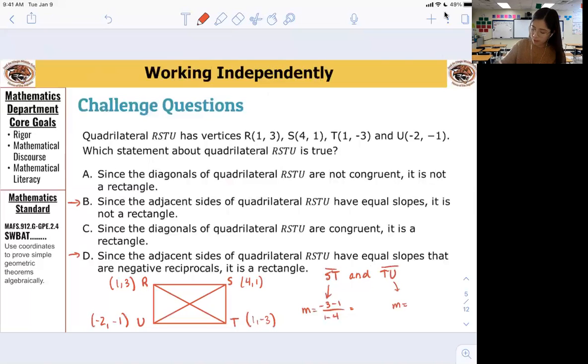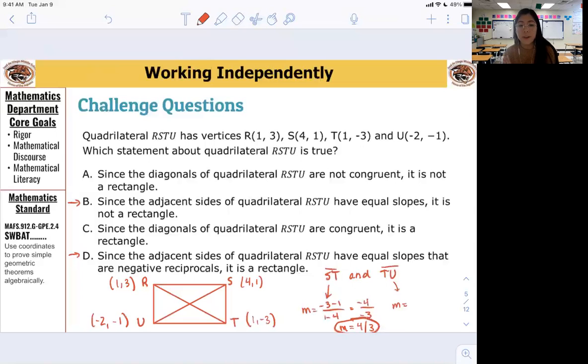Good, -4. Daniel, what is 1 minus 4? -3. So my final answer, my slope is 4/3.